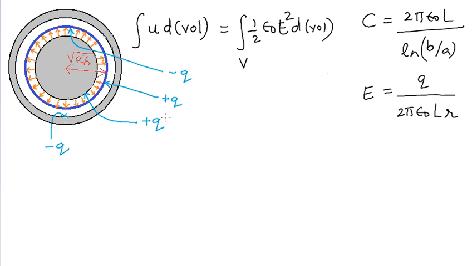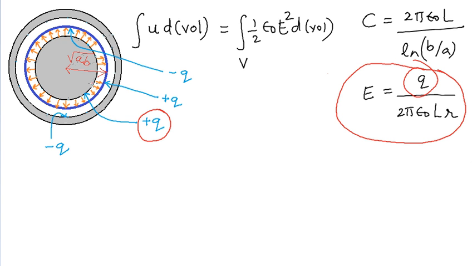We can of course find the field in the gap using Gauss's law, and we realize after doing that the field only depends mathematically on the charge which is present on this surface, and the magnitude of this field is actually given by Q upon 2 pi epsilon naught L R, which is provable by Gauss's law. And this charge Q is of course the charge Q present on the outer surface of the innermost cylinder.